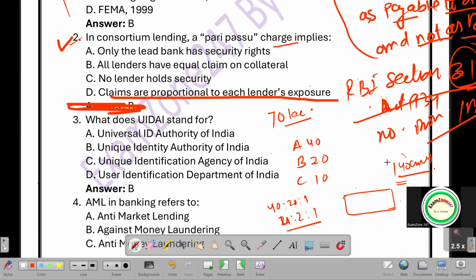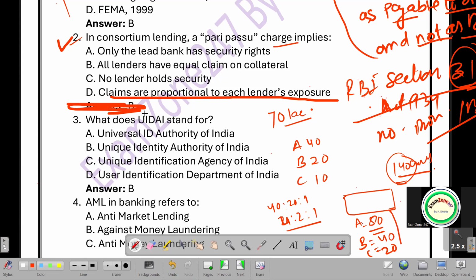Means for this 140 lakhs, A will have a charge cover of 80 lakhs, B will have 40 lakhs, and C will have just half of that, 20 lakhs.